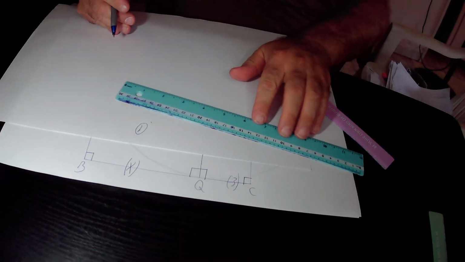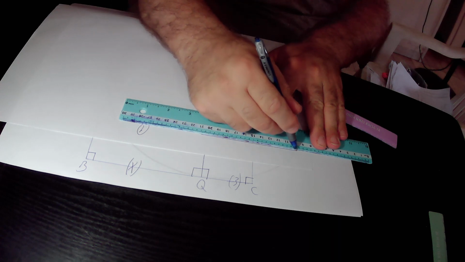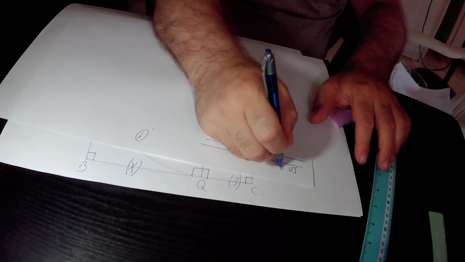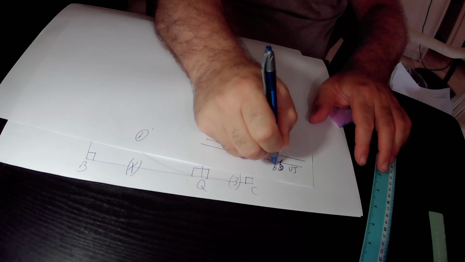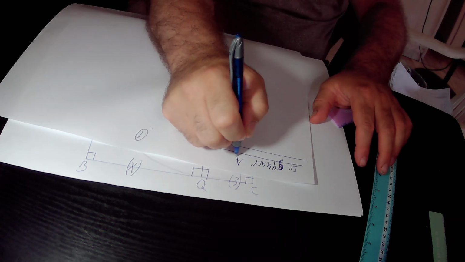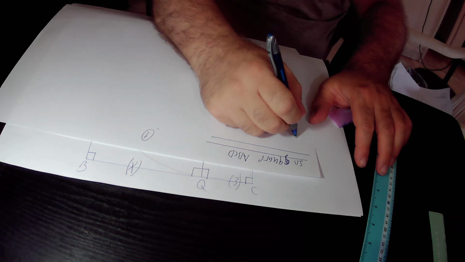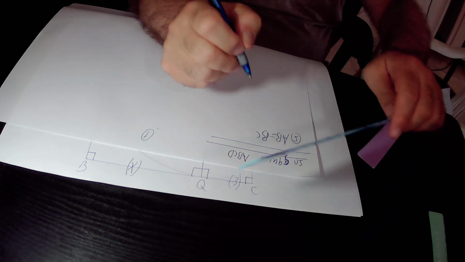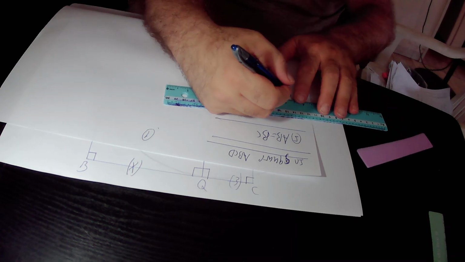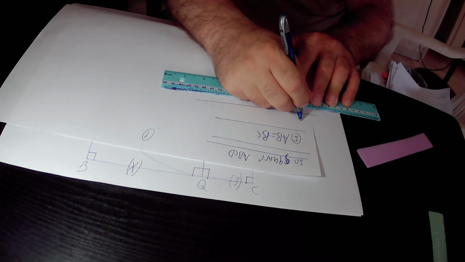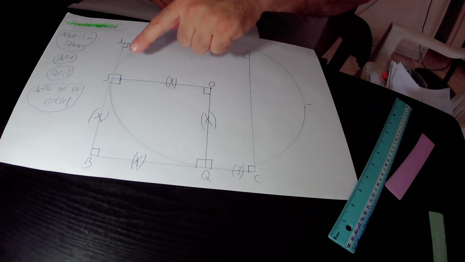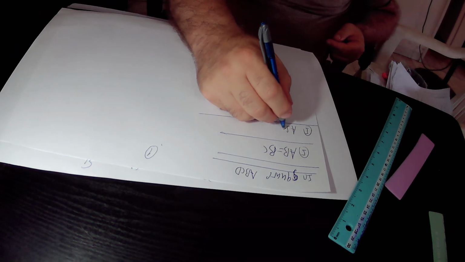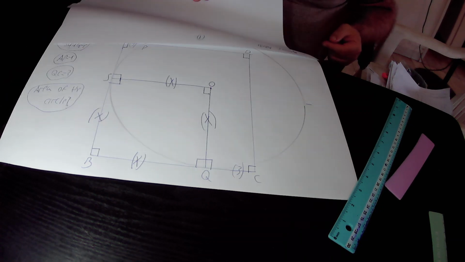In square ABCD, side AB equals side BC. Side AB equals AS plus SB, and it is equal to side BC.